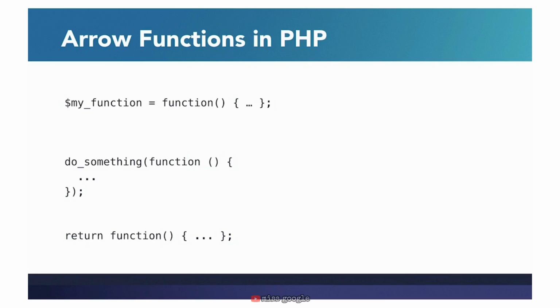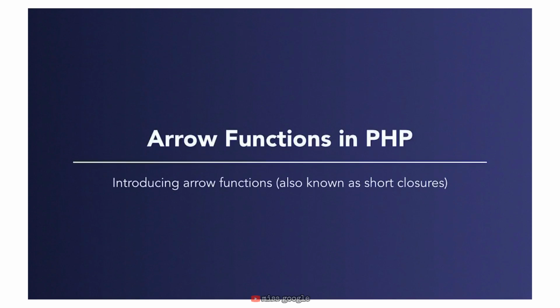And because of this increase, especially in cases where the body of our functions are only one line, it'd be nice for us to have a more compact version of defining functions than using the function keyword, the return keyword, and when we need to use closure for some variables, the use keyword. Well, as it happens, PHP does provide us with a different, more compact syntax for defining smaller functions, and this is something called arrow functions, and they're also called short closures.